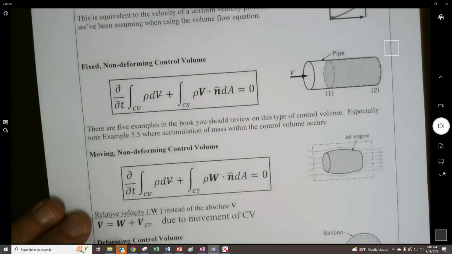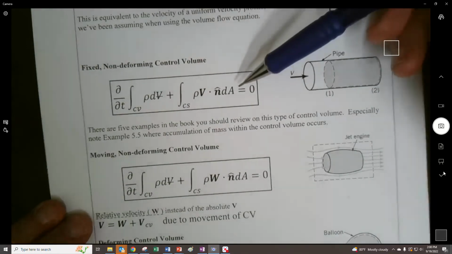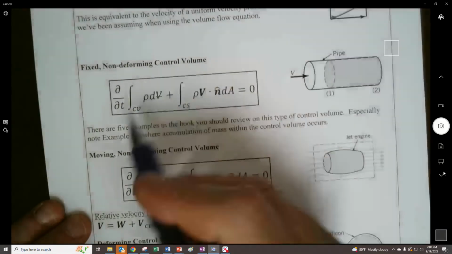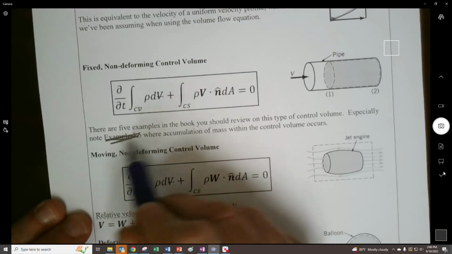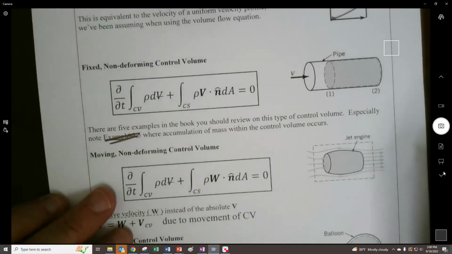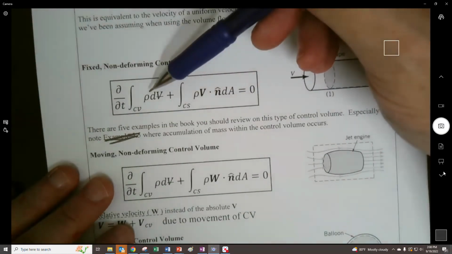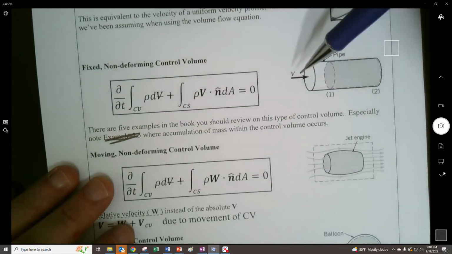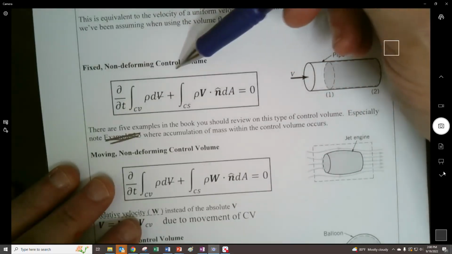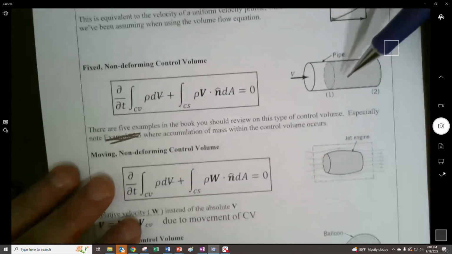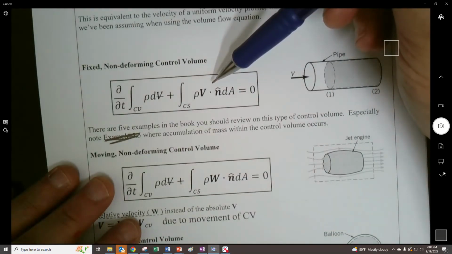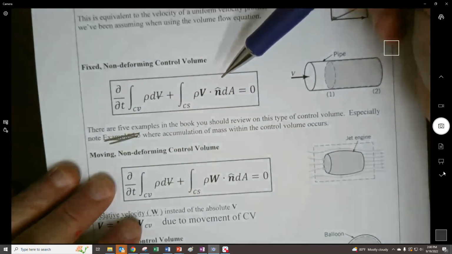These are just reiterations with not a whole lot of differences, just a little incremental. I'm using another book, so numbering examples doesn't help us a whole lot. But if we have the non-deforming control volume, it says there are 5 examples in the book.